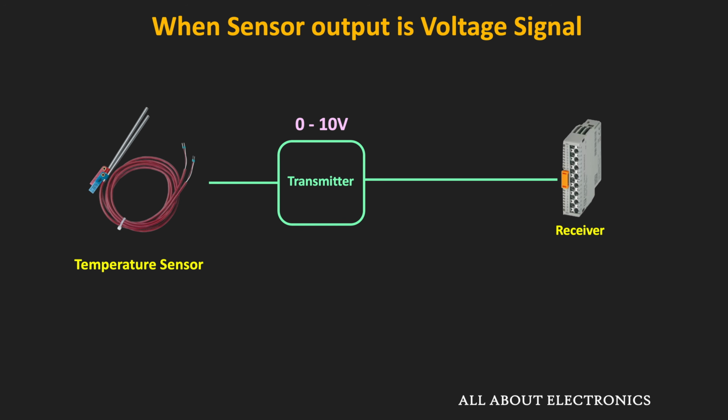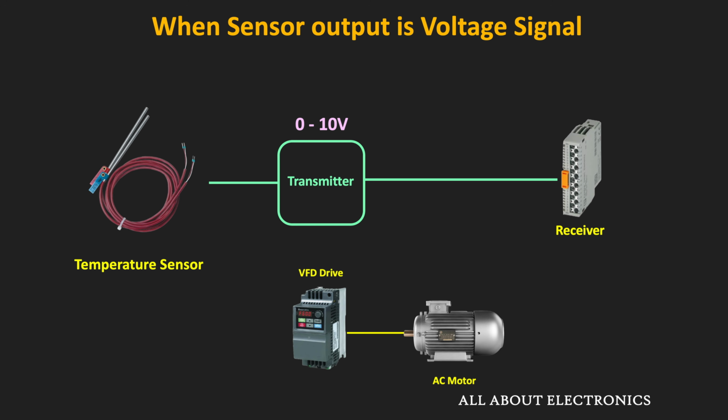Now as you know, this industrial environment is electrically noisy due to various machineries like the motor, variable frequency drive and high power cables. So when the sensor data is transmitted in the form of voltage, due to this electrical noise, this voltage signal is susceptible to EMI.